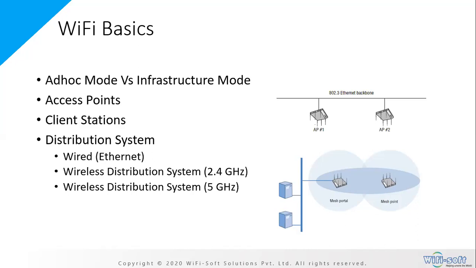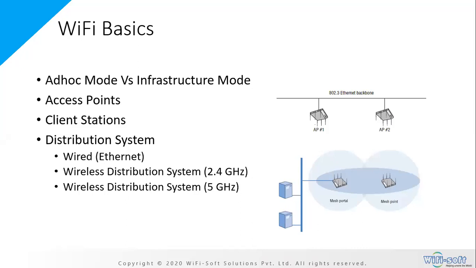But the other way of doing that is called mesh. One of your access points creates a wireless link, which is shown in the dark blue color, between two access points, and that is called meshing of two networks. So that's another way in which the Wi-Fi access points can be connected into a particular network.